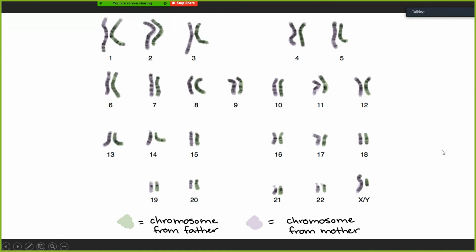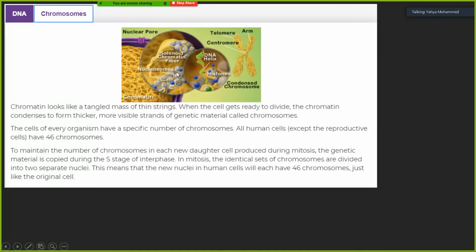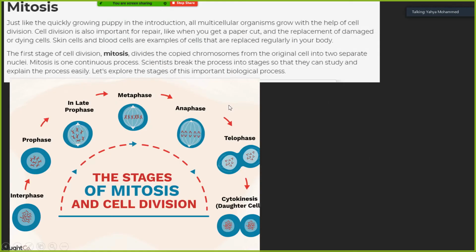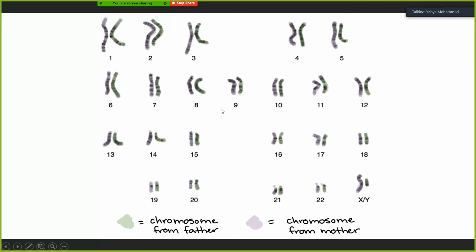Usually in the cell, it's not organized this cleanly. These pictures were taken at specific times during mitosis when everything is wrapped up in a super organized way.